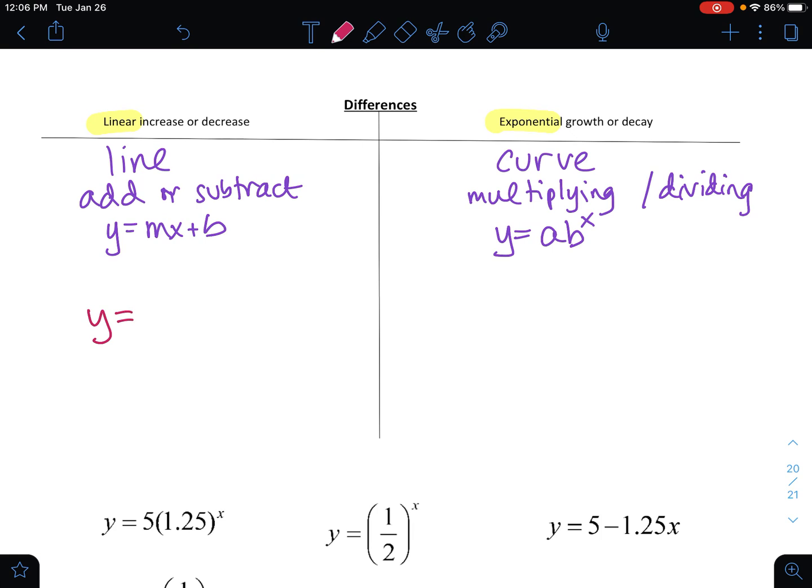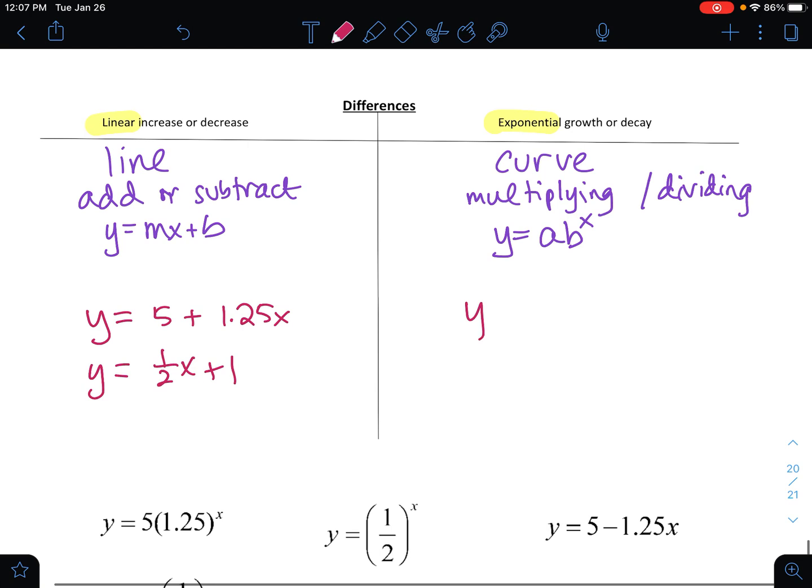Okay, here's some examples. So let's say we have, let me write one like this, y equals 5 plus 1.25x. Now, it's kind of flipped around, but I still see the adding of the 1.25 every single time. You know, maybe it's 1/2 x plus 1. There's our traditional slope-intercept, that type of thing.